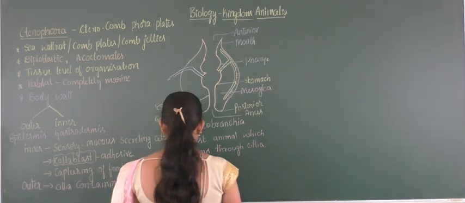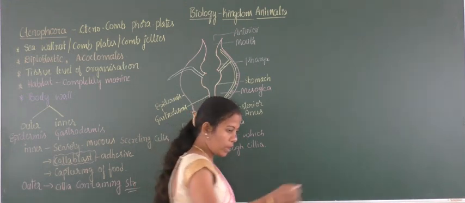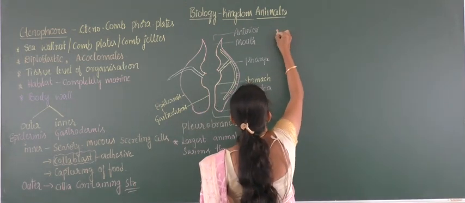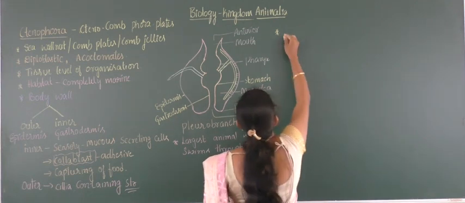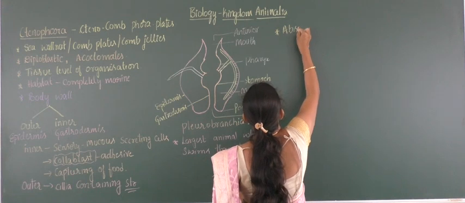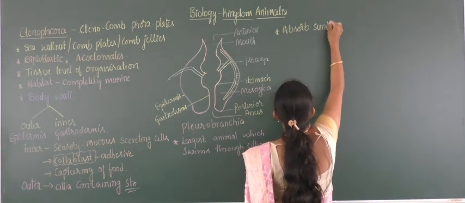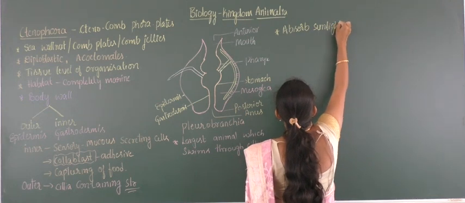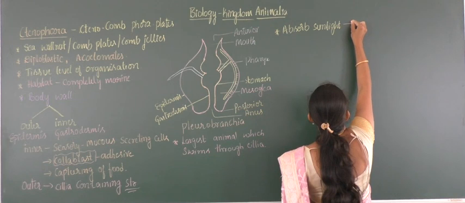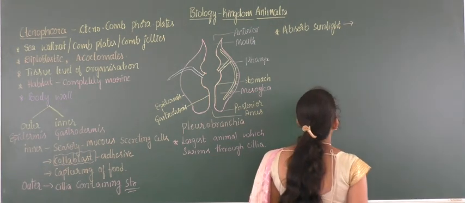So when it comes to the other properties, like a unique one, we'll discuss the unique properties again. They are able to absorb sunlight and they can emit that during night time, or exhibit the light.